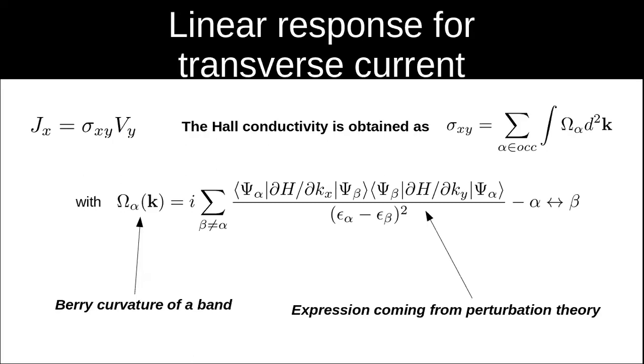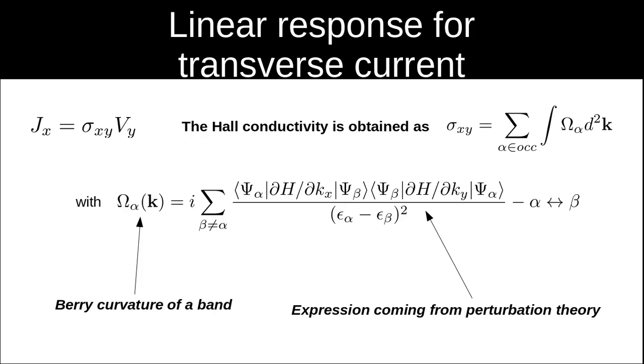And we have the derivative of h with respect to kx, that is essentially the velocity, in other words, the current. So you obtain this formula directly plugging the perturbation theory expansion for the wave functions into the definition of the Hall conductivity that we saw in the previous slide.